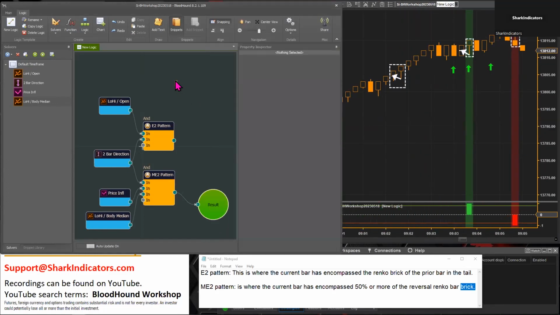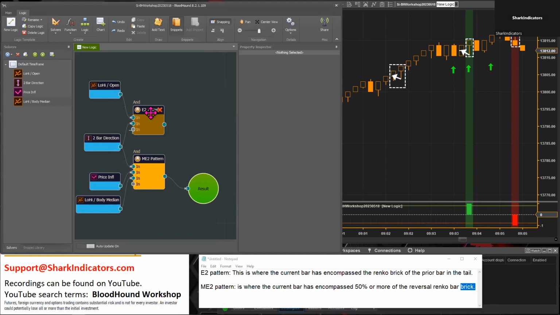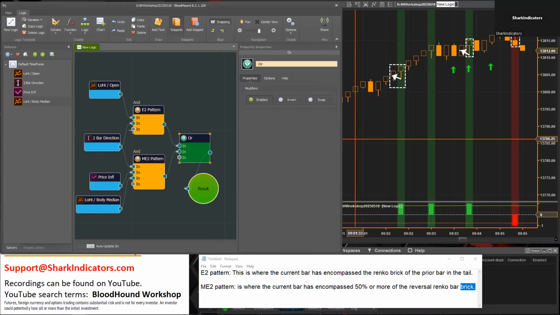And so now, if you want to see both of these patterns at the same time, we can connect them both together using an OR node. So if we connect those AND nodes into the OR node, take a look at that, and there we go.